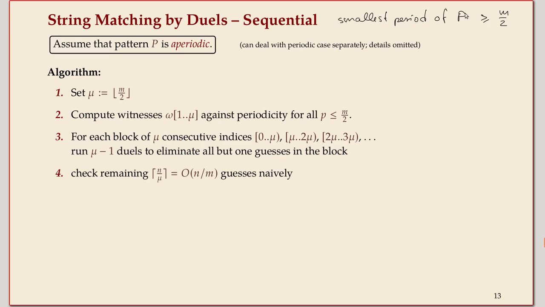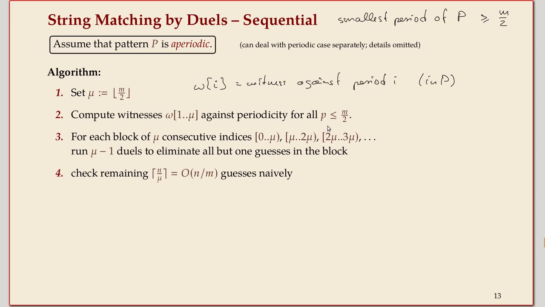And here, because the smallest period is at least this mu, for all the smaller numbers, the numbers 1 up to mu, those numbers are non-periods. They're not periods. That means there's a witness against this periodicity. And this is what we compute here. So omega i is a witness against period i in P. I should have said that somewhere, but we're pre-processing the pattern.